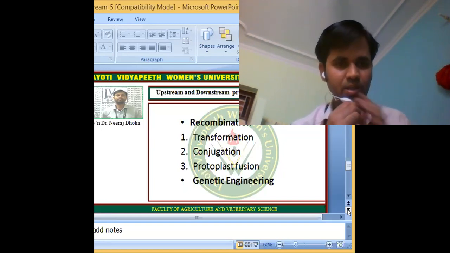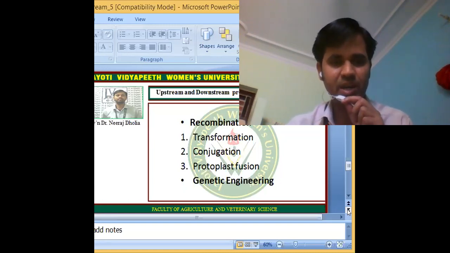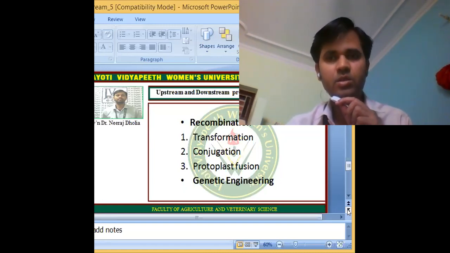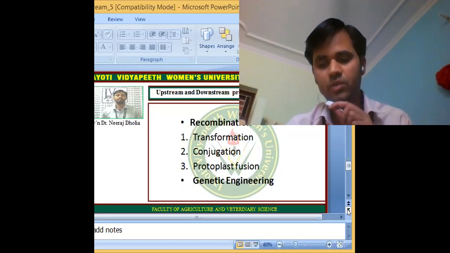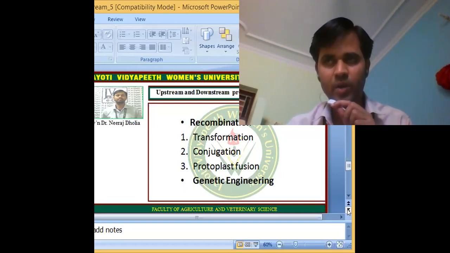Okay. Then next is genetic engineering, also known as recombinant DNA technology. Here we use various tools of recombinant DNA technology. So what are the tools?